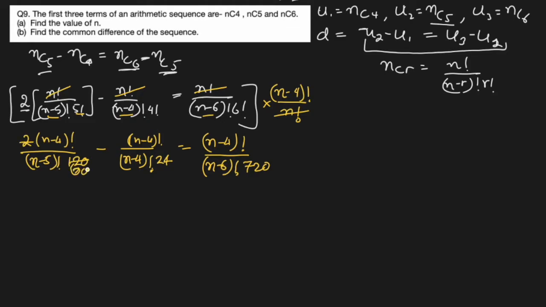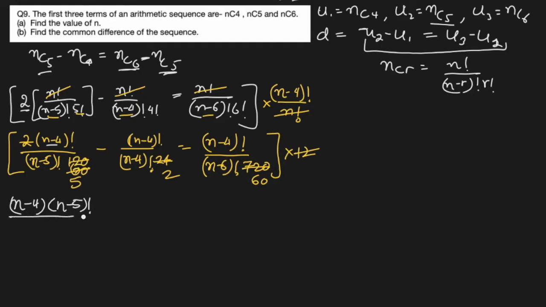Let's divide this, cancelled. It is 60 here now. Can we divide it by something? 12. Yes, we can multiply the whole equation by 12 so that it becomes even simpler. So this 12 will get cancelled, and we are left with 5 here, 2 here, and 60 here. Simpler. Now the purpose of choosing the largest one, n minus 4, was this. n minus 4 factorial can be written as n minus 4 times n minus 5 factorial, because I want to cancel this n minus 5 factorial.